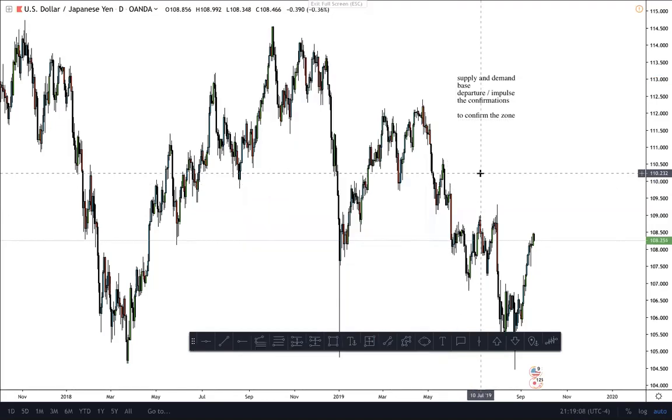So once we can safely confirm a supply and demand zone, it will help us find these zones.